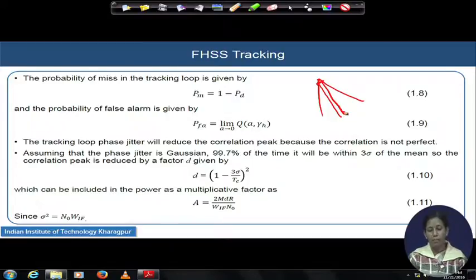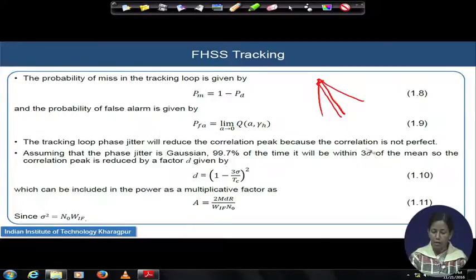If I consider the jitter as a random variable, it can be well approximated by a Gaussian, and 99.7% of the time it will be within 3 sigma of the mean, so the correlation peak is reduced by a factor d, given by 1 minus 3 sigma by Tc square.